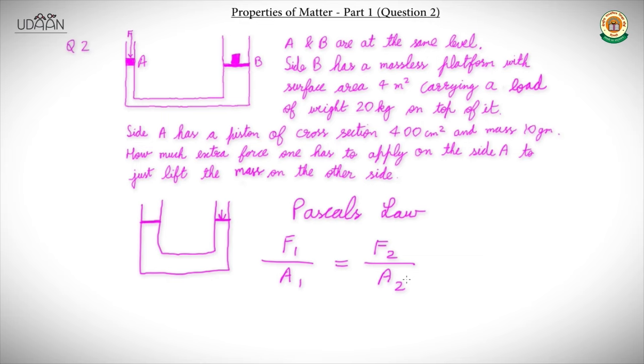Now if we apply this over here and F1 and A1 are for the point B, then we get 20g, that is mg, the weight of the object on side B, upon the area of cross section there, that is 4 meters square, is equal to, on the A side we add up all the forces that we have. So first of all we have the mass of the piston, that is 0.01 g.